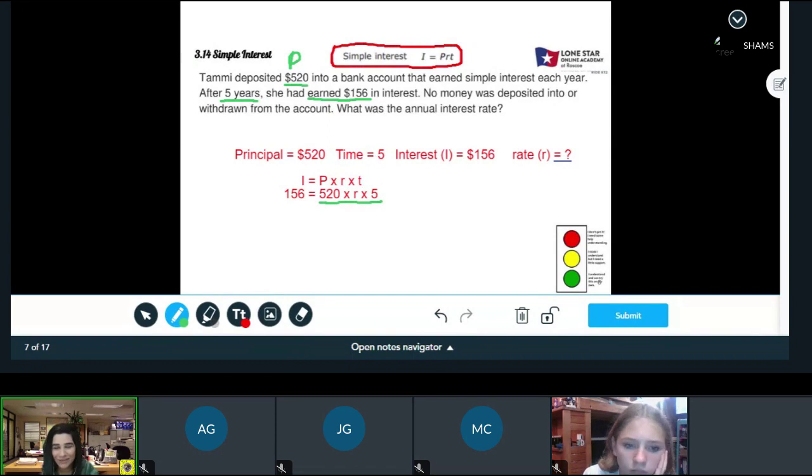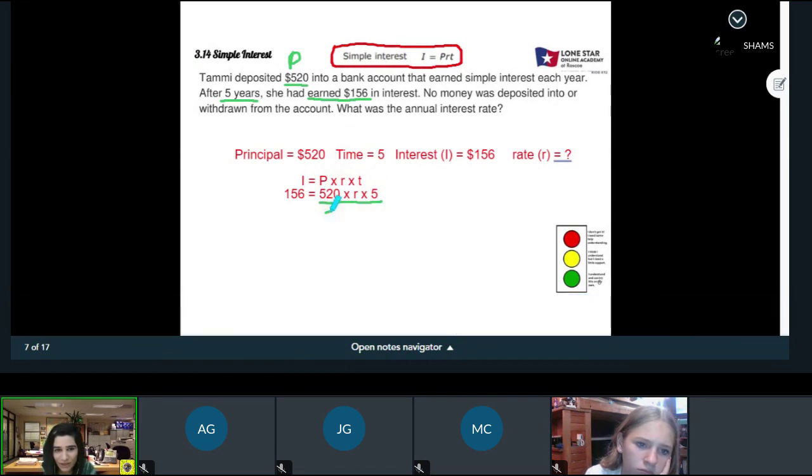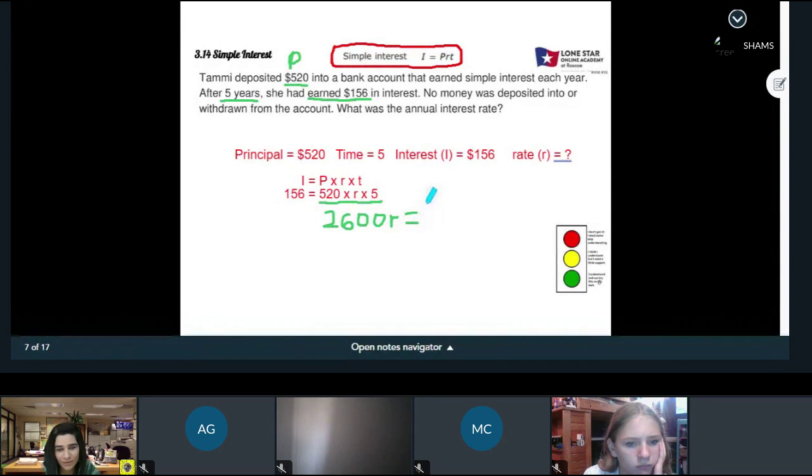2,600. Everybody agrees with Liloni? Liloni says if I multiply 520 times 5, you get 2,600. And then times R is 2,600R. And all this should equal 156. Right?